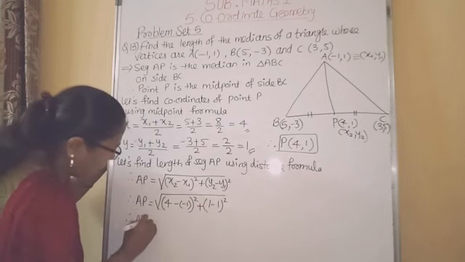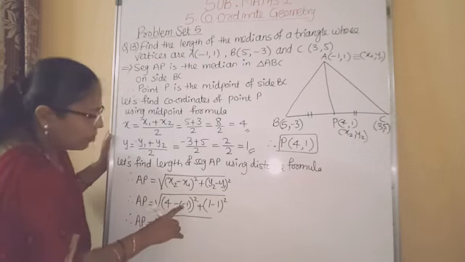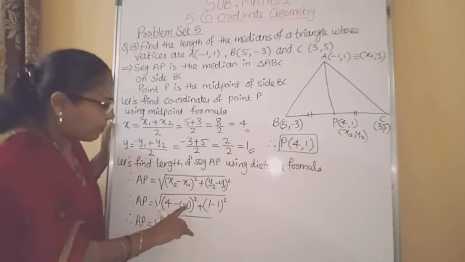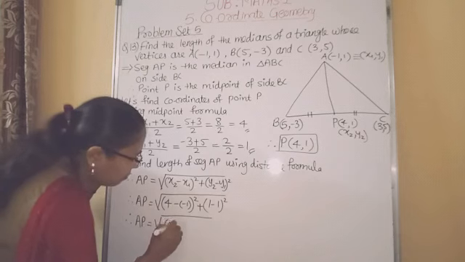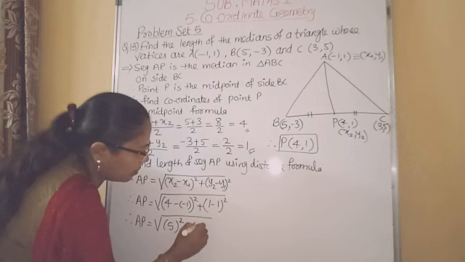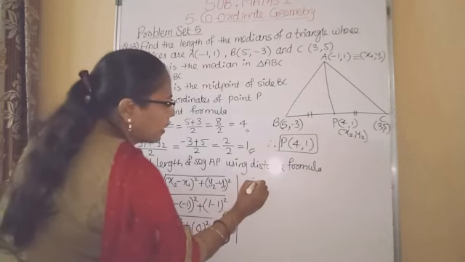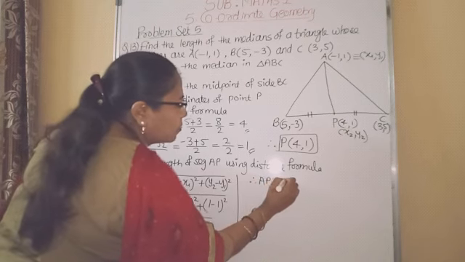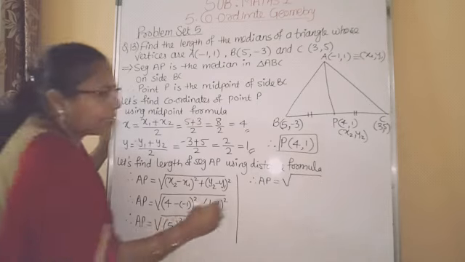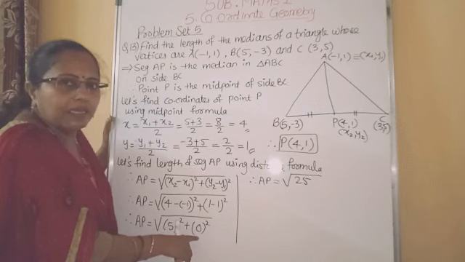Therefore, AP equal to square root. Here this minus into minus it becomes plus. So we will get (4 plus 1) square, which is equal to 5 square, plus (1 minus 1), 0 square. Therefore, AP equal to square root of 5 square is 25, plus 0 square is 0.